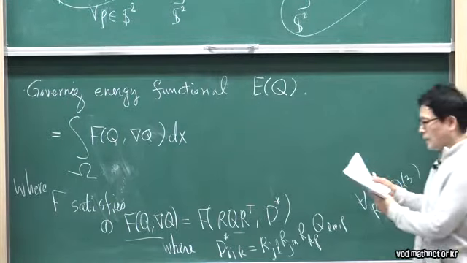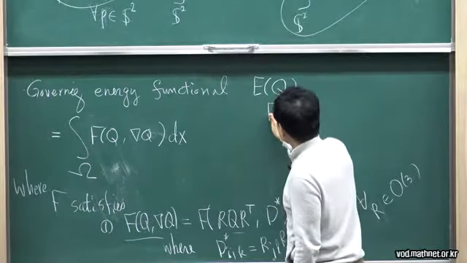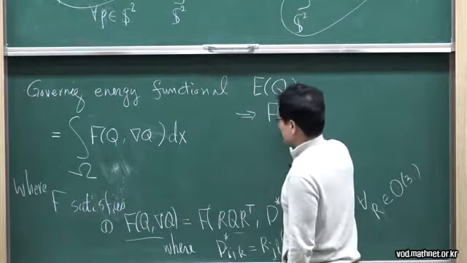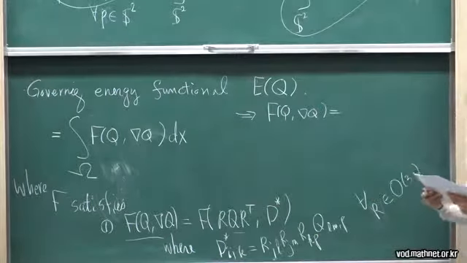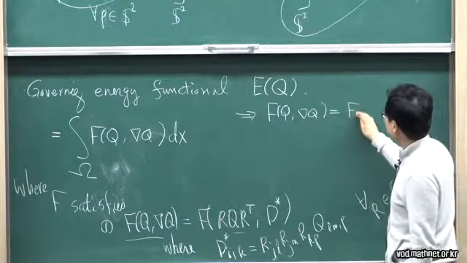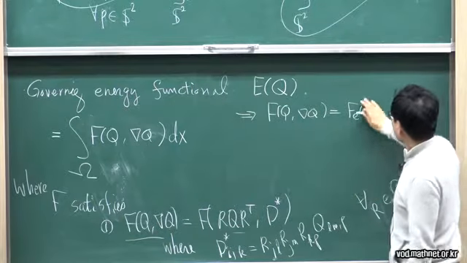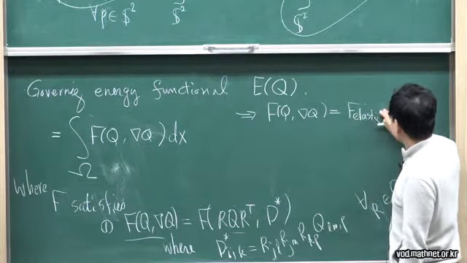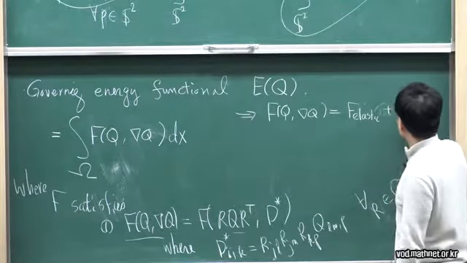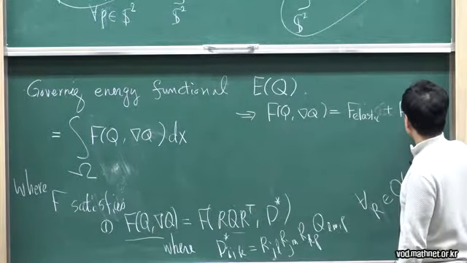You end up getting F of Q and gradient Q, which you can write down in two parts. One part is F elastic energy, and the F bulk energy, we call it.